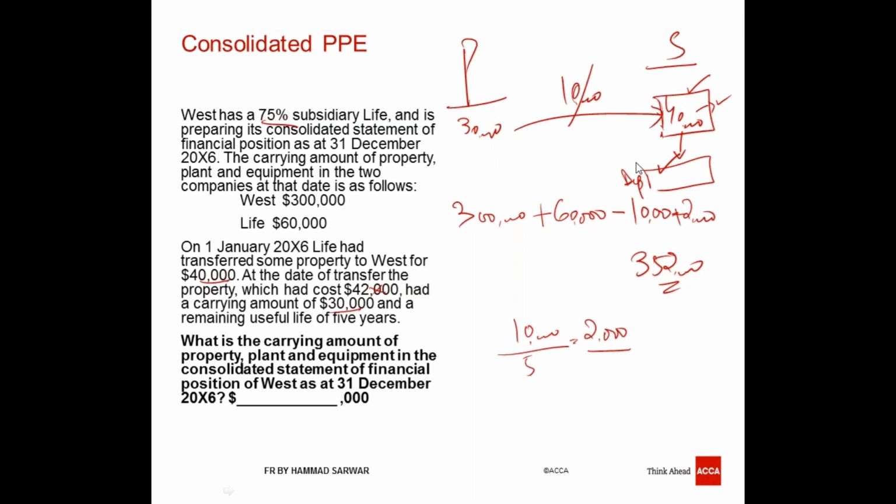No, it's not 1,000, it's 10,000 actually. So 10,000 is the difference between the fair value and the carrying amount.